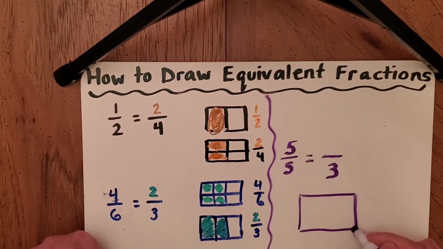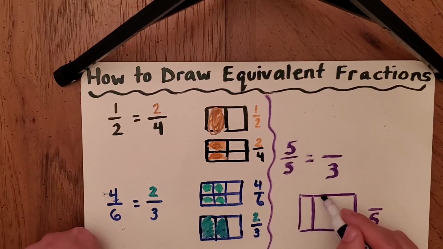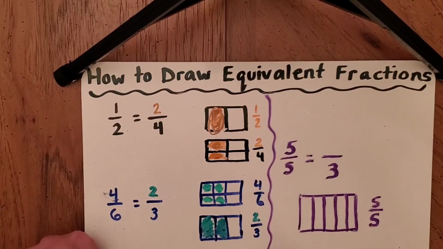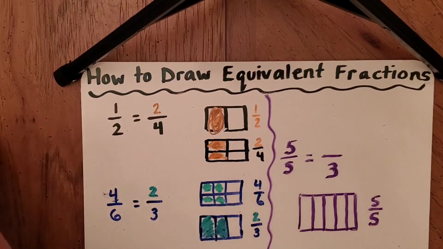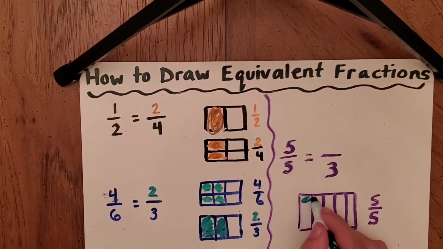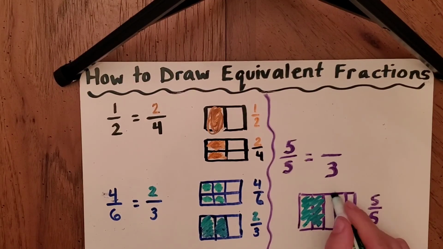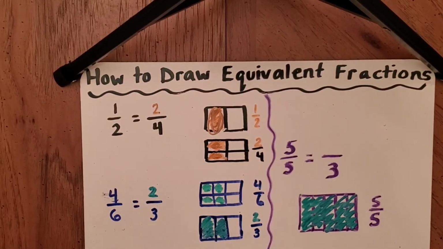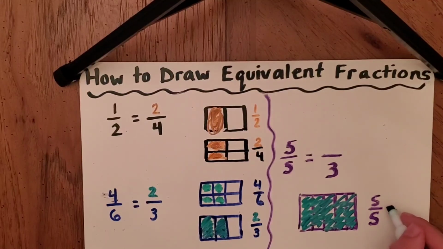So there's my whole. I'm going to cut it into 5 pieces. And I'm going to shade in all 5 pieces. Now, what happens when I shade in all 5 out of 5 pieces? What did I really do? I shaded in the whole thing.